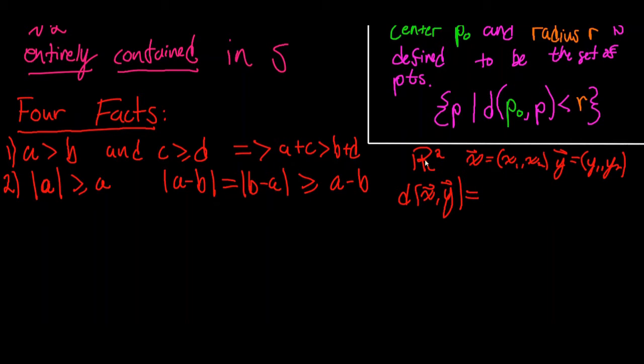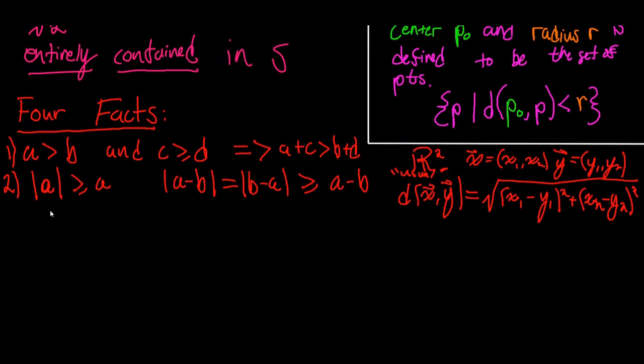The usual distance metric, I'll say usual in quotes, is just the distance formula, if you remember from way back. This is the square root of (x1 minus y1) squared plus (x2 minus y2) squared. So that's the usual distance metric defined on R2.